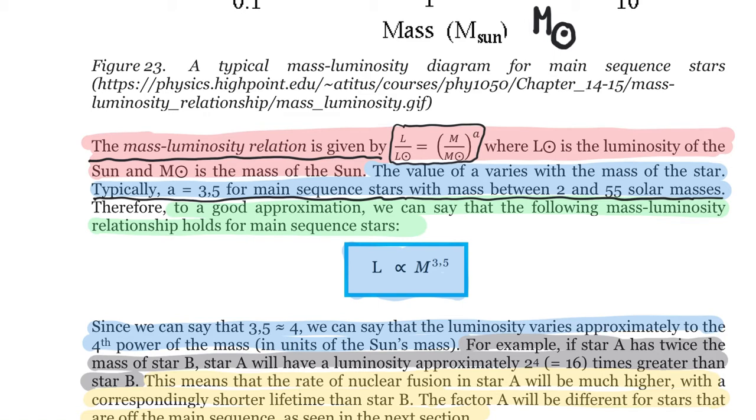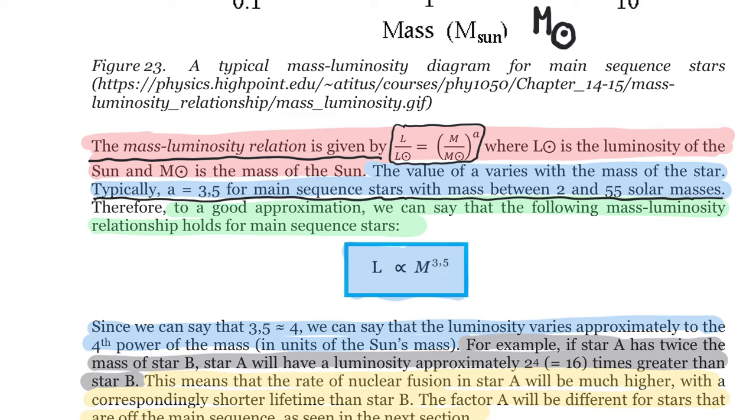Now, the value varies with the mass of the star. This value of a varies depending upon the type of star. But to a good approximation, we find that most of the main sequence stars have an a value approximately around 3.5.